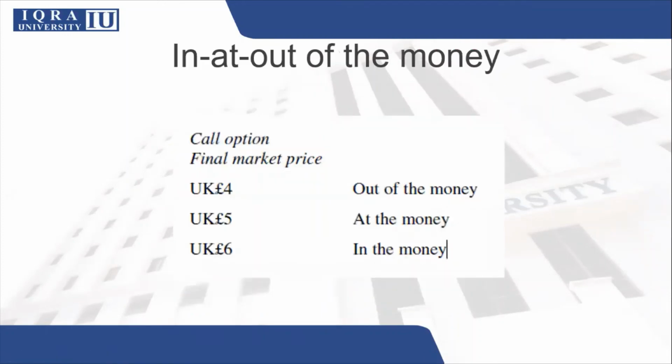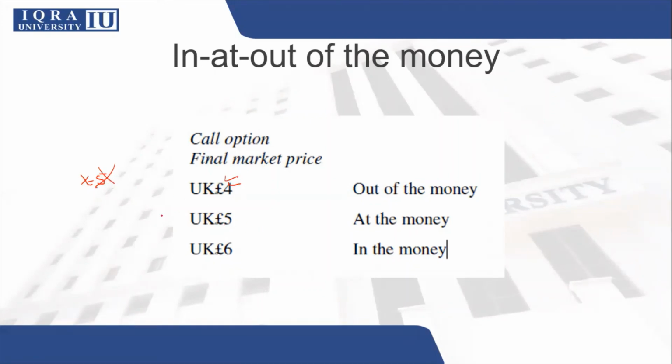Now, these are some terminologies: in, at, and out of the money. Over here, remember the exercise price of the call option was 5. When the spot price is below the exercise price, we say that it is out of the money, because a call option will never be exercised in this kind of scenario. No one will want to exercise it in this case because they can purchase it in the market for 4, so why use that call option?